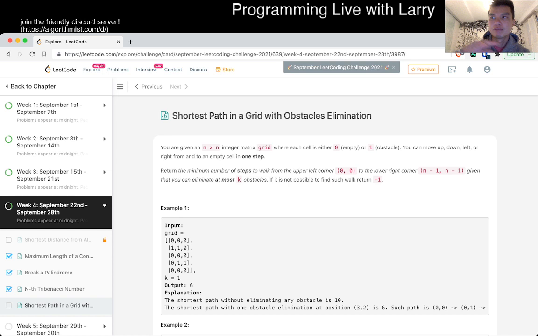So you can do this thing I call lifting up a dimension, basically creating a dimension to create a state, kind of similar to dynamic programming, so that you can use k, right? So you can think about it as creating a dual graph or an equivalent graph maybe, where every time you hit an obstacle, you go to a graph of a different k. So that's basically the idea.